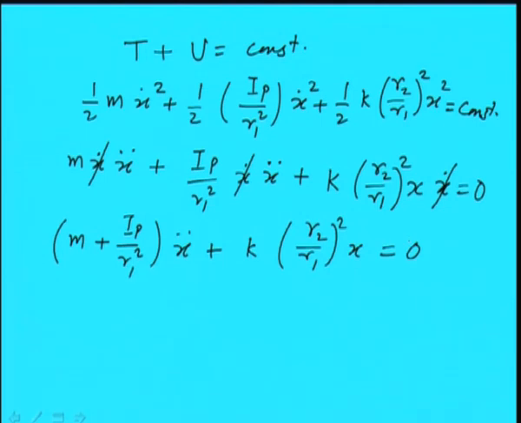So this is the equation of motion of this system, and if we write this in standard form, we can easily see what the natural frequency of the system is.